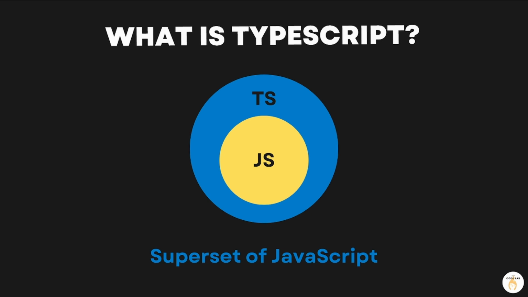There is no defined type for that variable, and hence going forward in the same code, suppose you defined a and gave it a number 1, you can go down in the same code and give it a string value, and still JavaScript won't throw any errors.